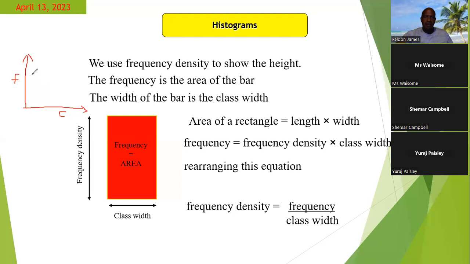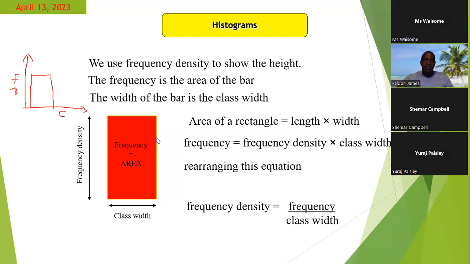Now, if we are using a bar where we calculate the area to get the frequency, then on the vertical axis we are going to write not frequency, but frequency density. Because when you're finding the area, you're measuring the frequency density. That's all we're saying, guys. Is that clear? Raise your hand.